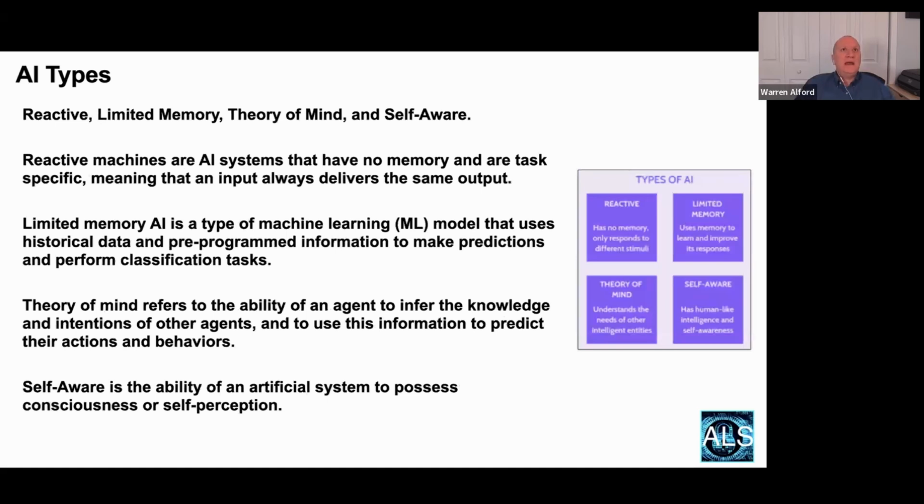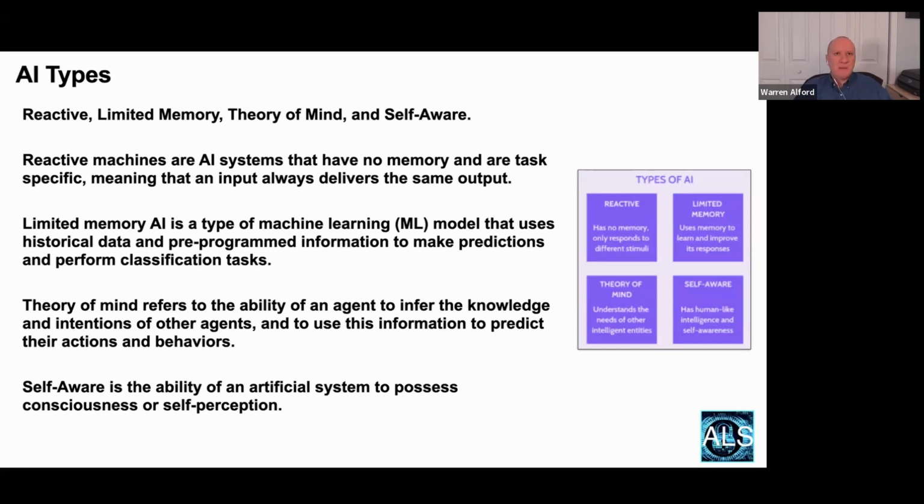There are other AI types: reactive, limited memory, theory of mind, and self-aware. So the reactive machines are the systems that have no memory, and they have very specific tasks, and they always deliver the same output. So an example of this might be a handheld calculator.